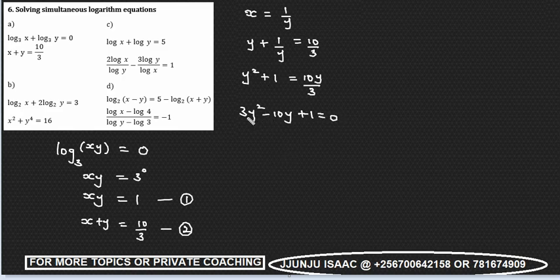So now this is a quadratic equation which can be solved. So we have y equal to minus b, that is 10, plus or minus the square root of b squared, that is 100, minus 4ac, that is 4 times 3 times 1, which is minus 12.